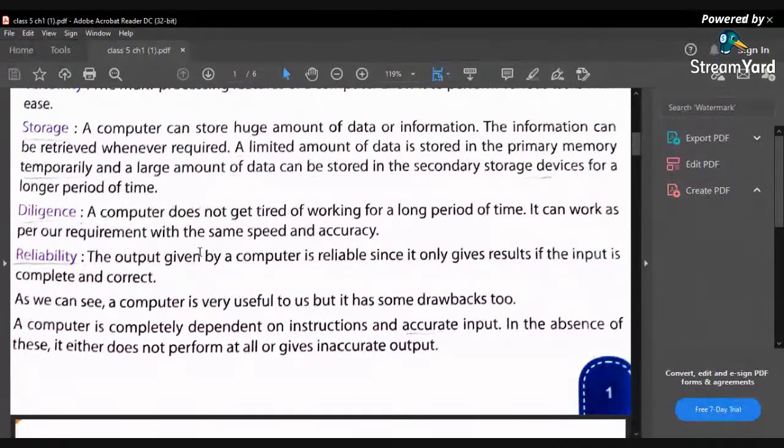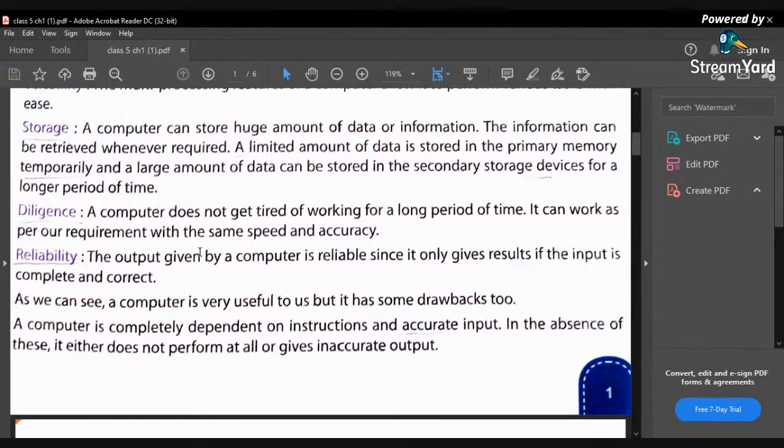Reliability. The output given by the computer is reliable, and it gives the result only if the input is complete and correct.